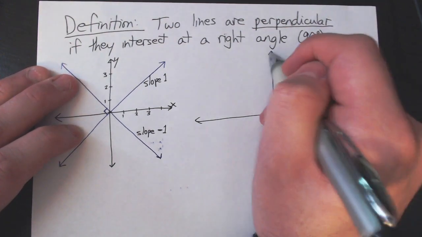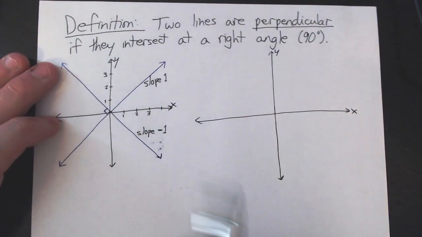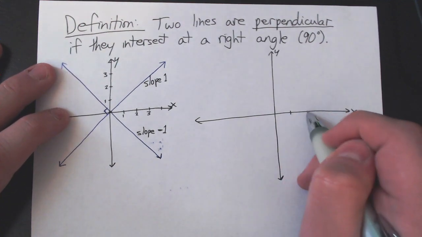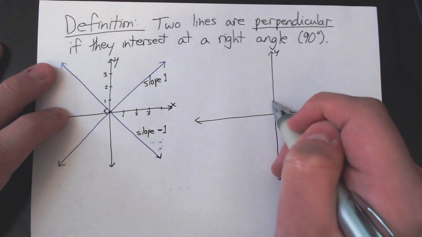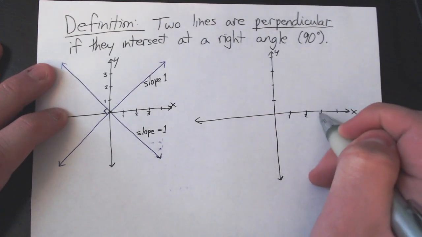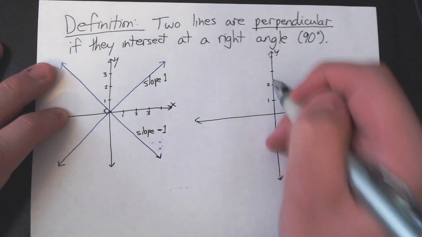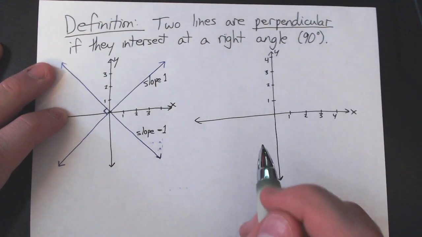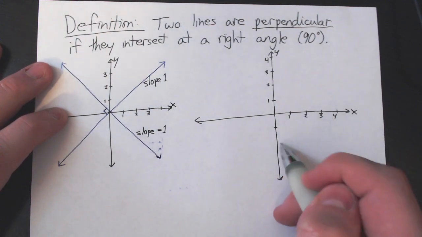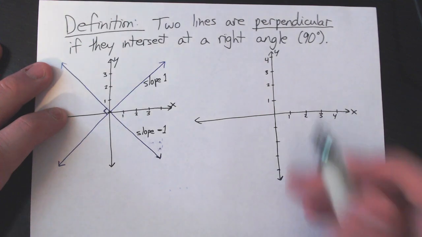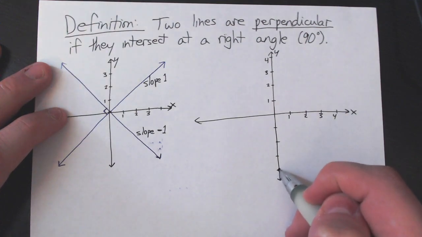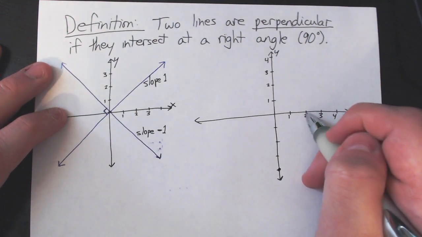For the next example of perpendicular lines, let's go with something that's not as simple. I have two lines in mind here. Let's see. I'm going to draw a line that has a y-intercept of -4, also an x-intercept of 2.